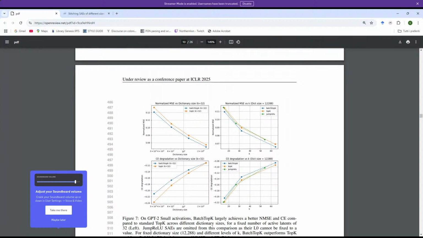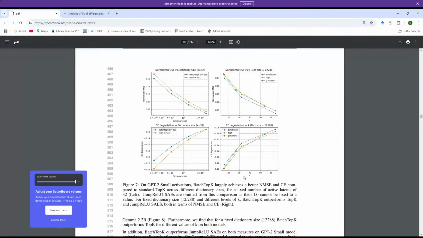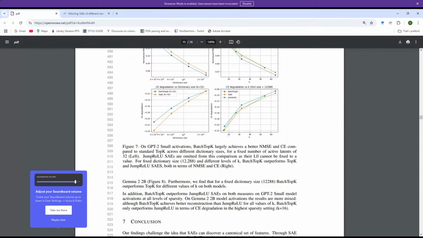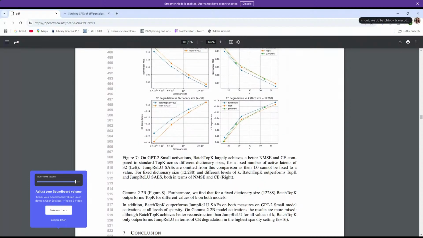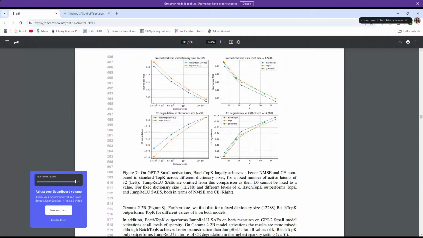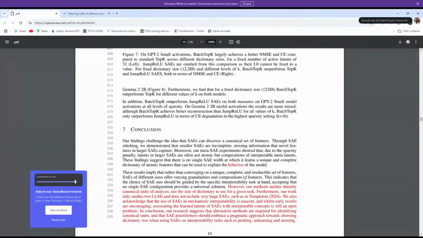They don't show the dictionary sizes here, so we cannot see the trend, but they try a specific dictionary size in different cases, and they show that batch top K is better than even jump ReLU. And yeah, that was this paper.